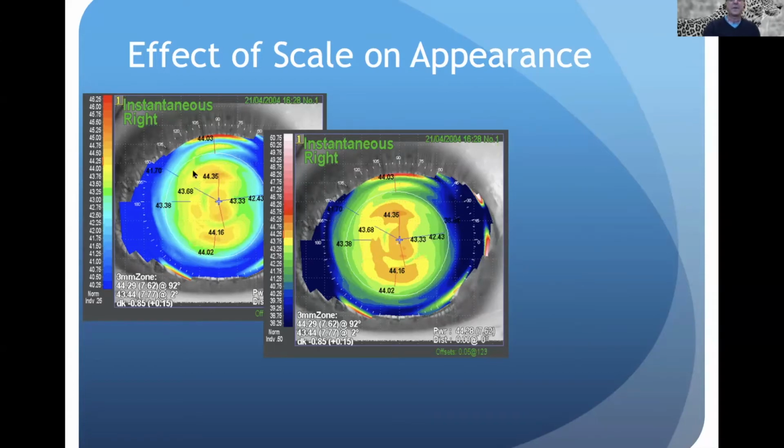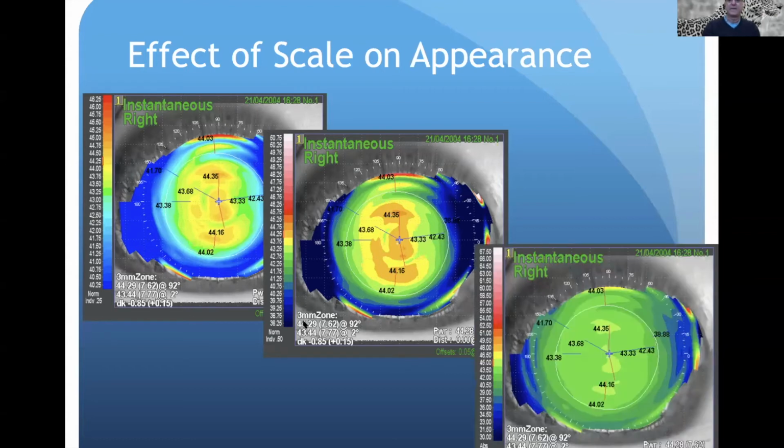The one on the left looks kind of, oh, what's going on here? He's got all these irregular islands, but now it's starting to smooth out a little bit by adding the half diopter. And this is the same cornea, which if you saw this, you would say green is good, and this is a fairly normal cornea.